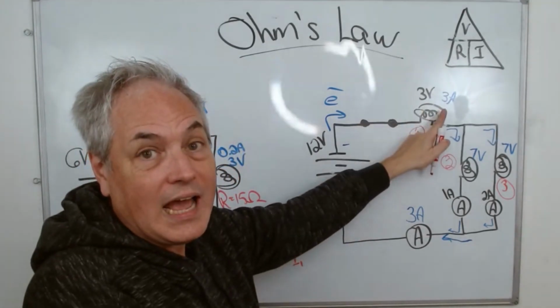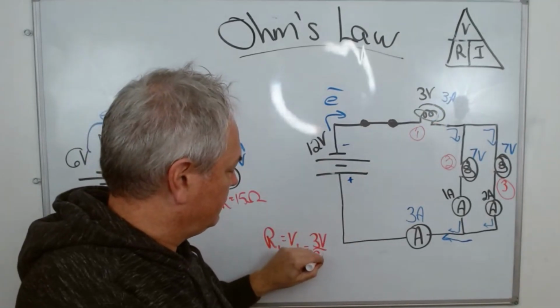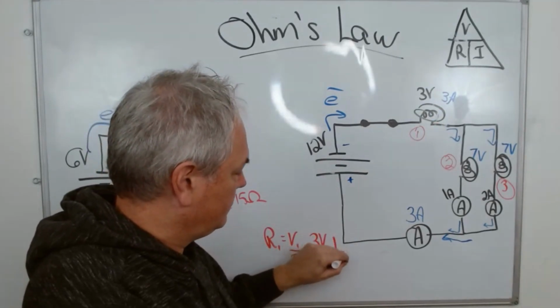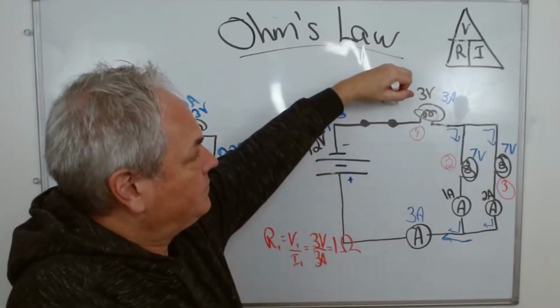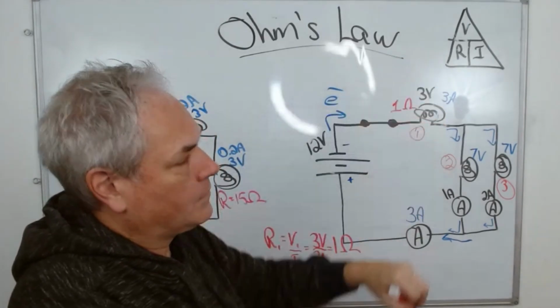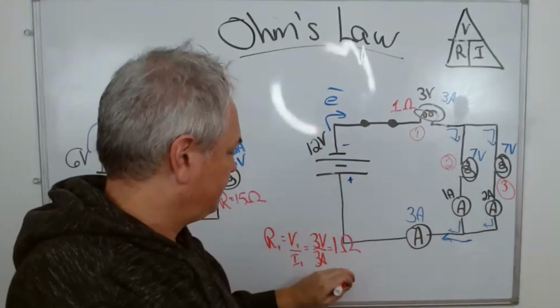V1 is 3, I1 is 3 as well. So that means the resistance at this bulb here is 1 ohm. Let's see what we have for the second bulb.